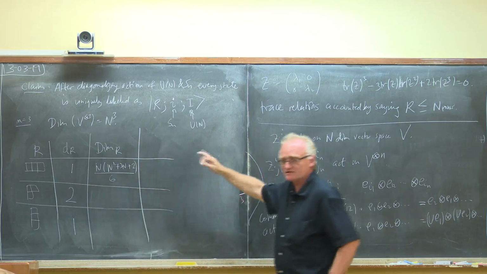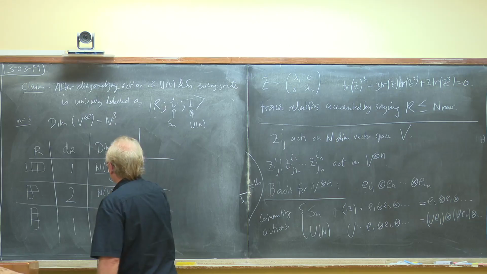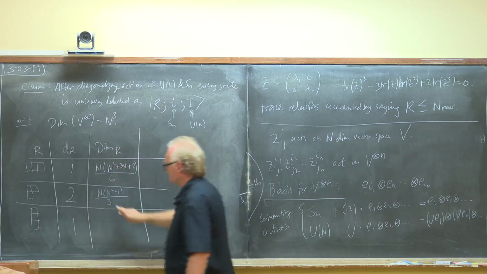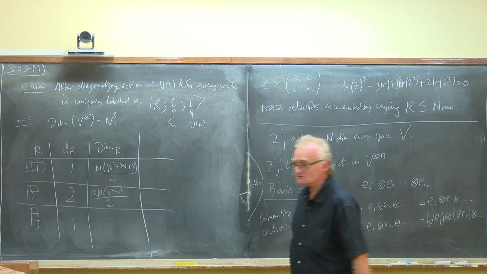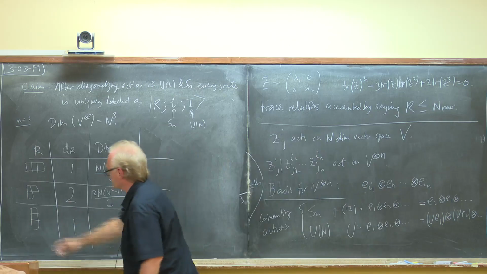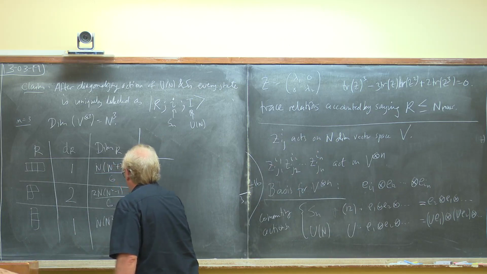So I'm preparing the answer a little bit. Then for this one, we've got n into n squared minus 1 over 3. So let me put this over 6 and multiply by 2. And then for the last one, which is antisymmetric, it's n times n minus 1 times n minus 2. So it will be n squared minus 3n plus 2 over 6.